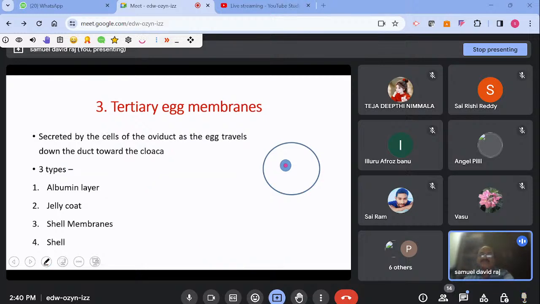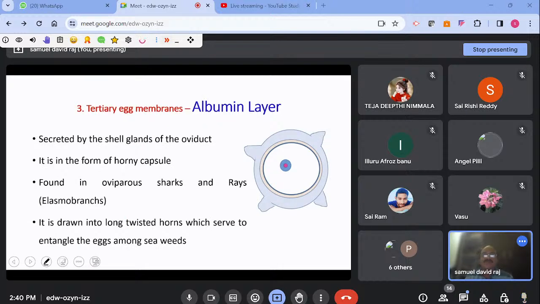These are always secreted by the oviduct and they are of four types: the albumin layer in some organisms, and in some it is called the jelly coat. In some, cell membranes and shell also constitute tertiary egg membranes. Coming to the albumin layer, it is secreted by the oviduct itself.